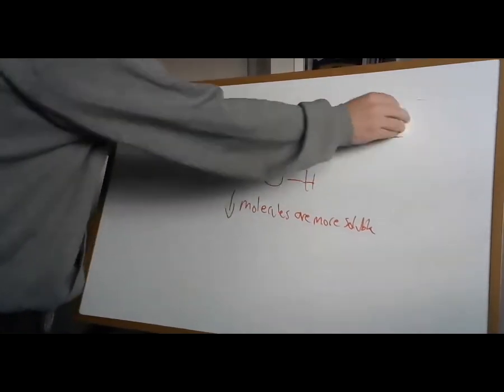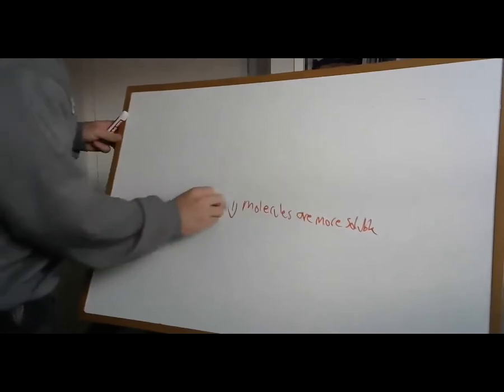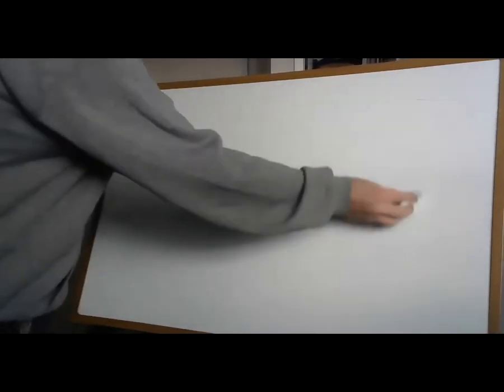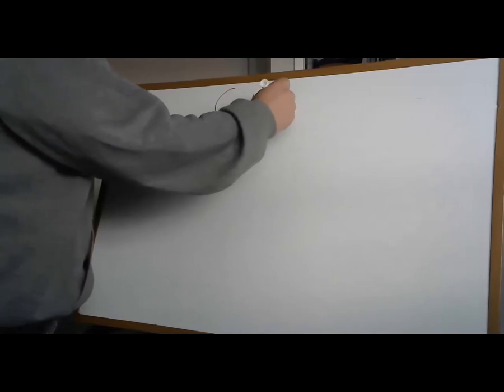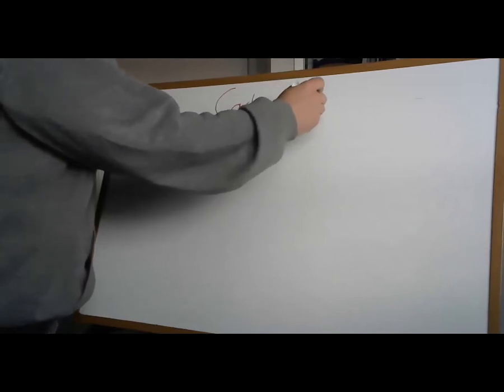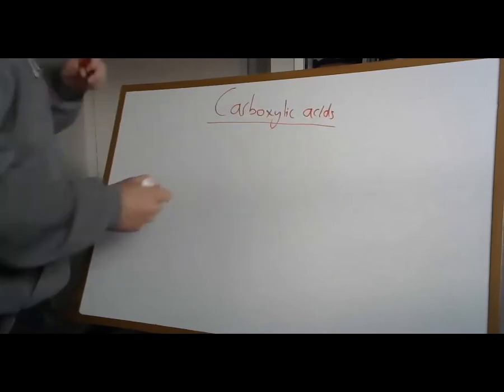Again, we learned last week that the carboxylic acids are different because they have two sites for hydrogen bonding.